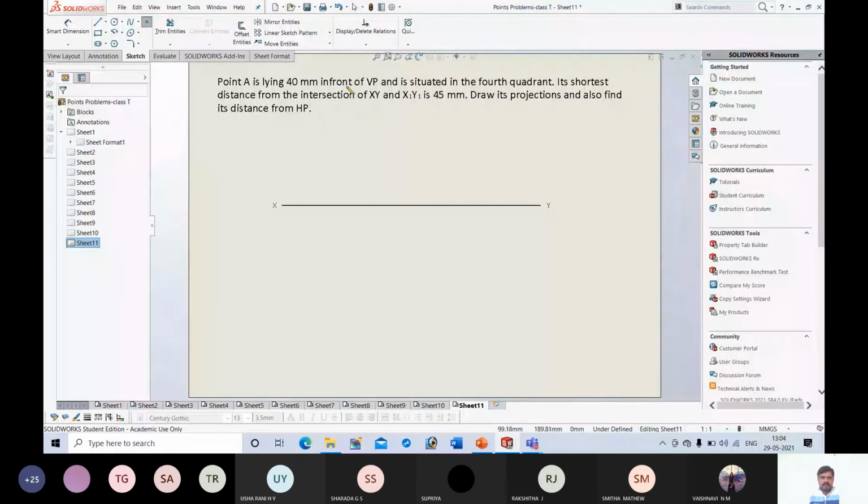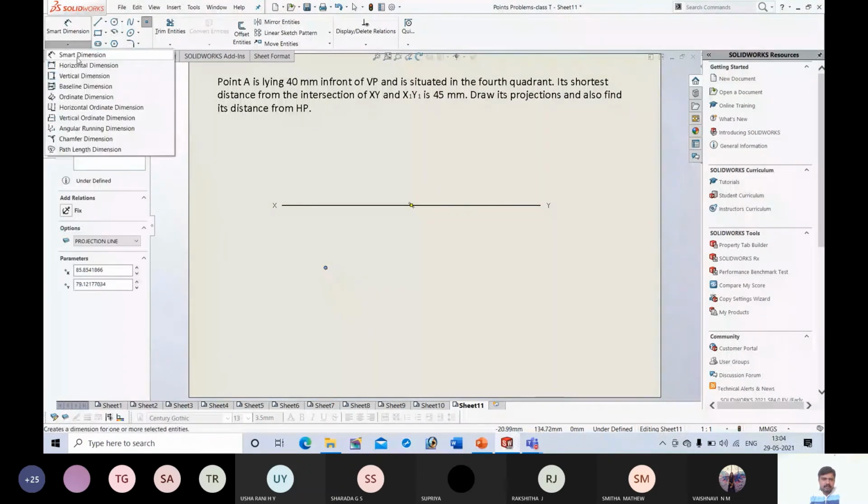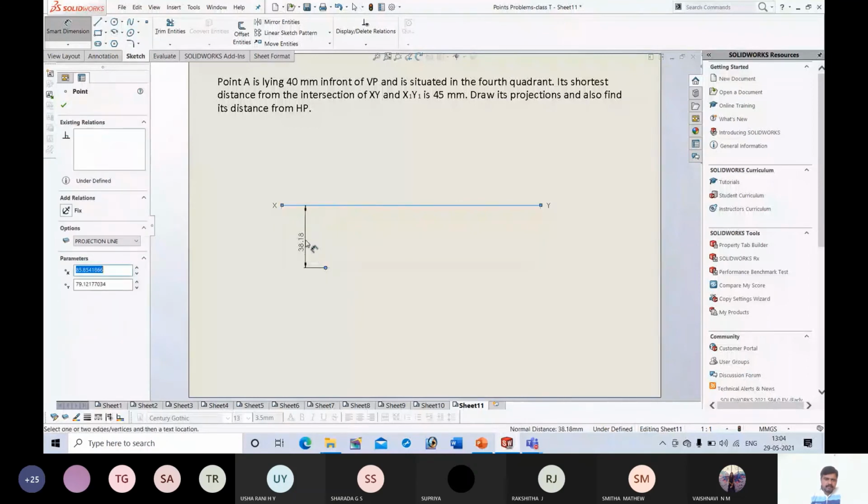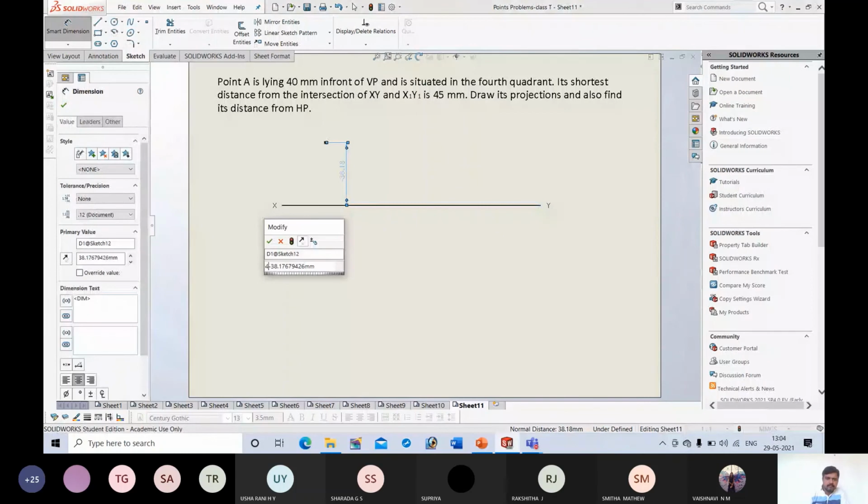Here also they have not specified whether to consider RPP or LPP, so now also I will consider RPP only. Below XY, since it is 40 mm, the distance between XY and this point should be 40. Then I will draw a projector.